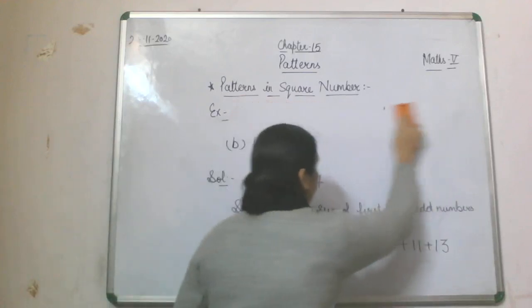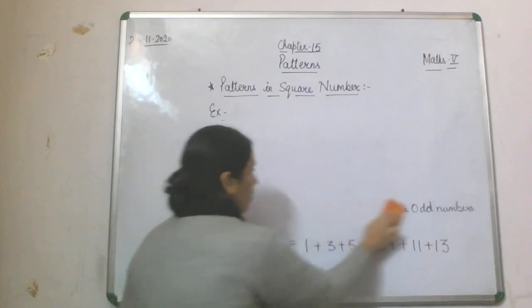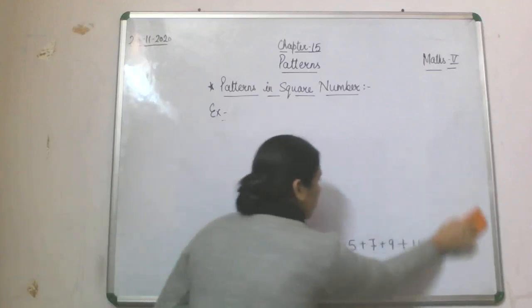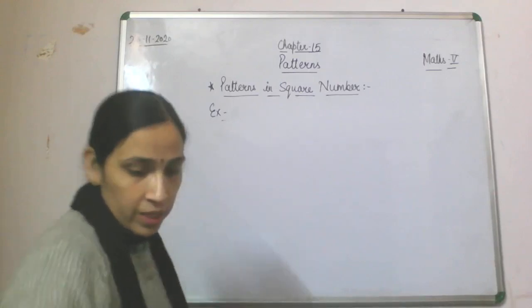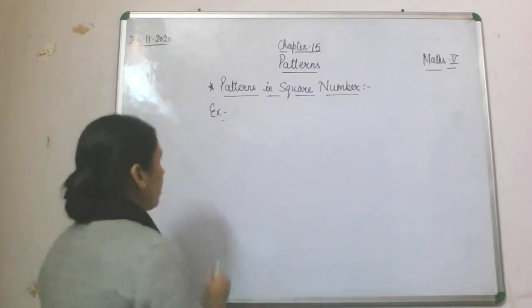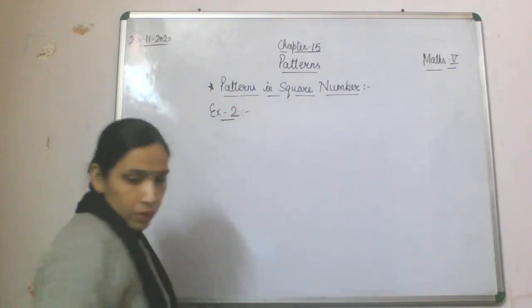That find the sum of first given odd numbers. See example 2 now. Example 2. Now example 2 is what?